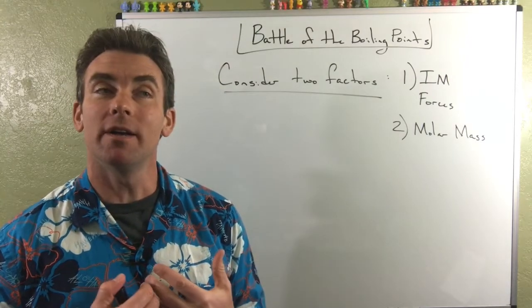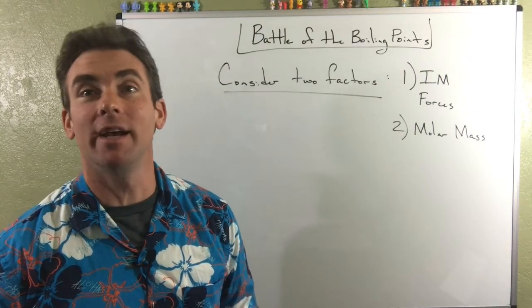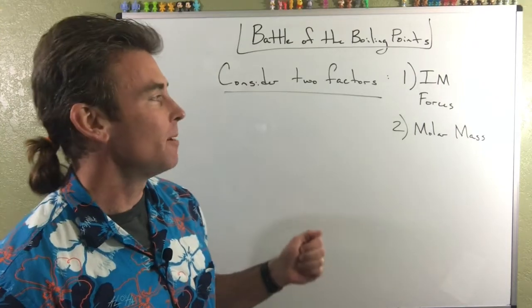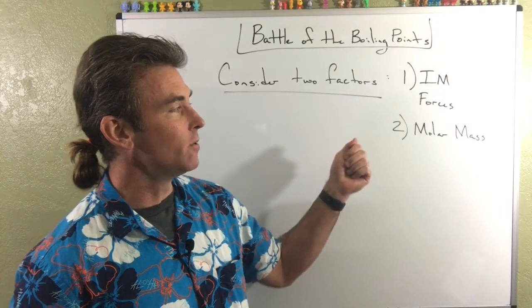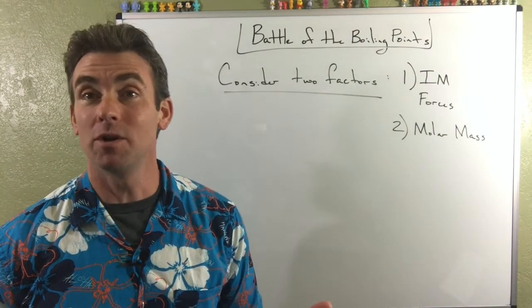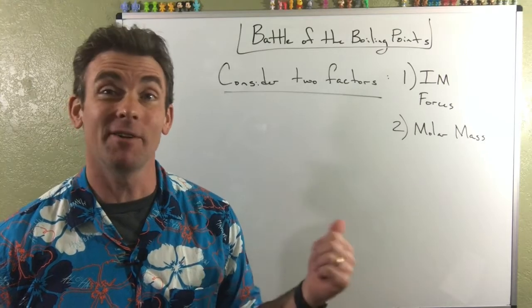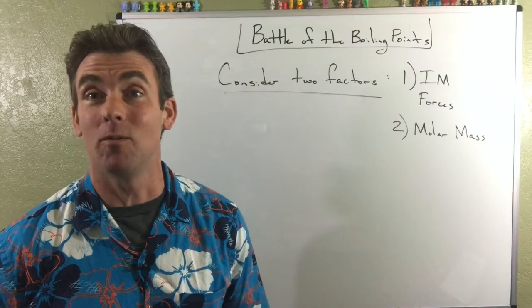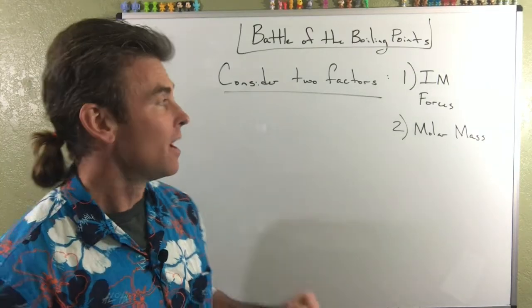So what you're typically going to be tasked with doing on, let's say, a fiesta of learning, is looking at a list of molecules and, based on their structure, determining which one has a higher or lower boiling point. Everything in this activity is going to be identifying the one that has the higher boiling point.